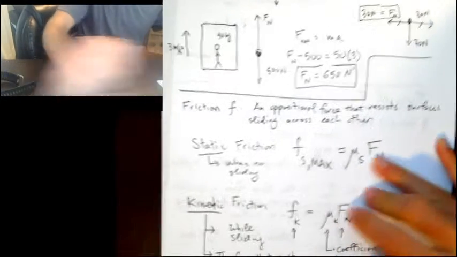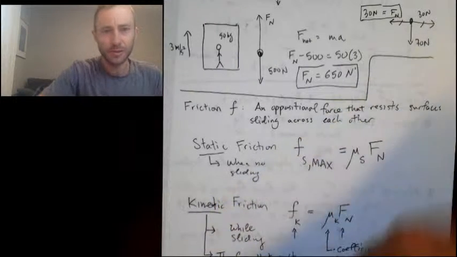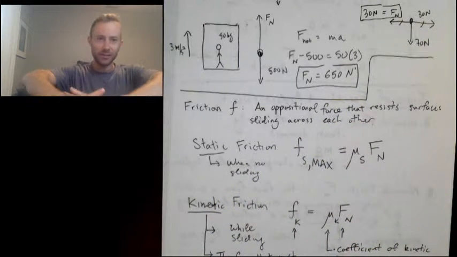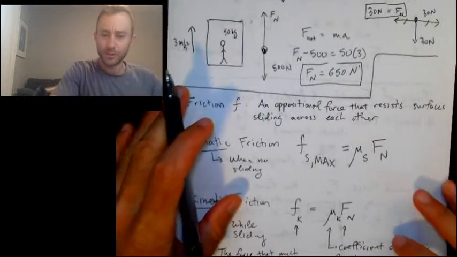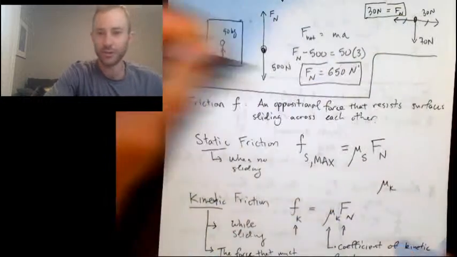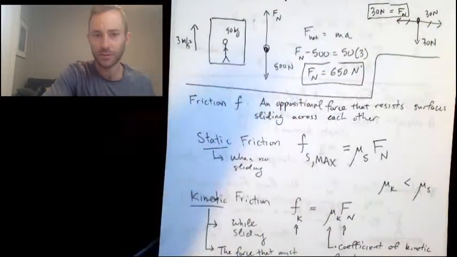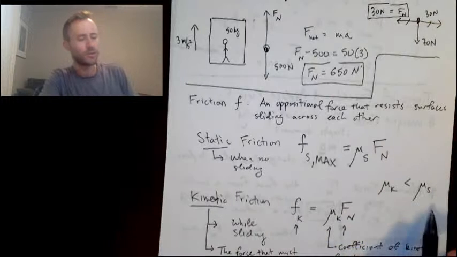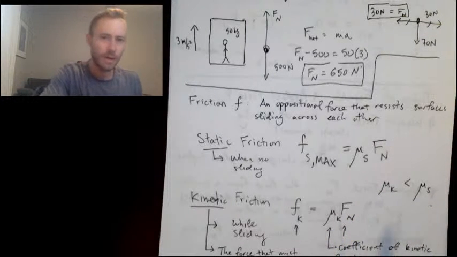Okay, you might have experienced this before if you've ever been sliding something that's really heavy. It's tougher to get it started than it is to keep it moving. So the interpretation of that is that the coefficient of kinetic friction is less than the coefficient of static friction. So it's harder to get something started moving than it is to keep it moving.